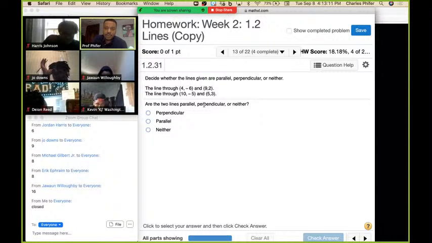So take a moment to give it a go. I'm gonna work on my end. This is question number 13. It comes from section 1.2, number 31. I'm going to say parallel, perpendicular, or neither.